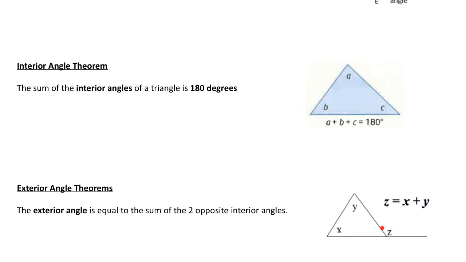Let's call this exterior angle, angle Z. In order to figure out angle Z, if I know the measurements of the two opposite interior angles, something like angle X and angle Y, then if I add together angle X and Y, that will be equal to angle Z. So if you have the two opposite interior angles, you can simply add them together and come up with the measurement of the outside exterior angle.